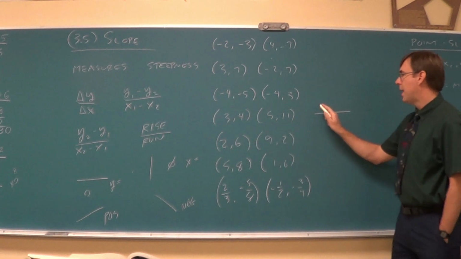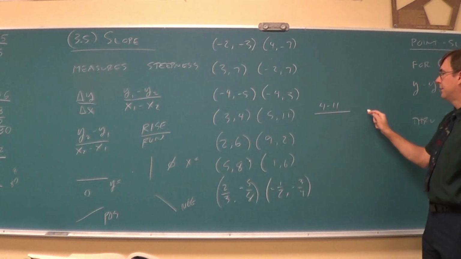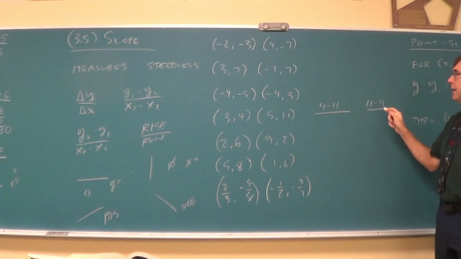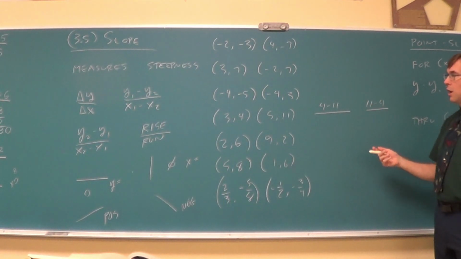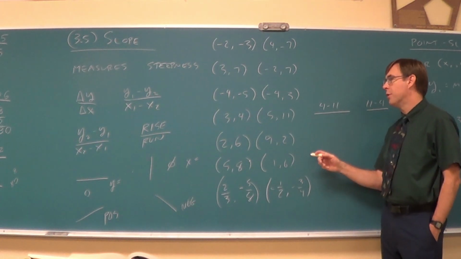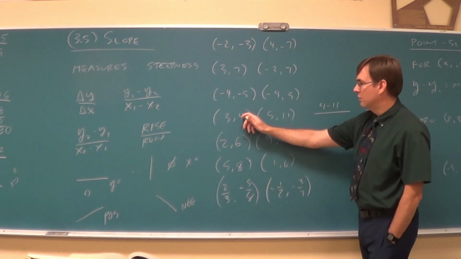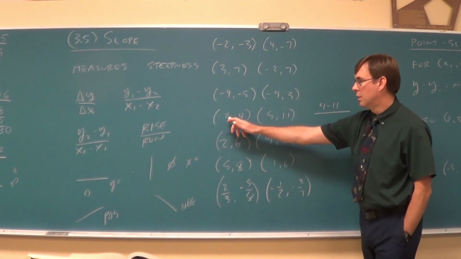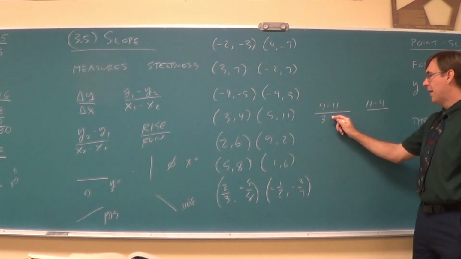So some people might want to do 4 minus 11. Other people might prefer to do 11 minus 4. It doesn't really matter which way you go when you first start it. But once you start it, you're stuck with a certain order. If one person decides to do 4 minus 11, they're locked in to then do 3 minus 5 and stay in that order.